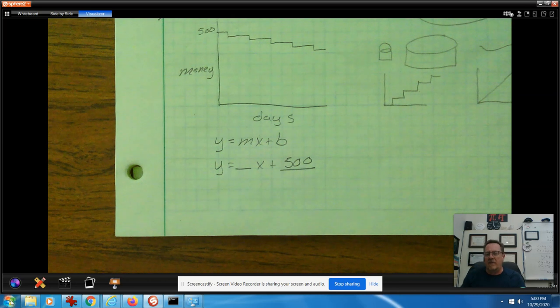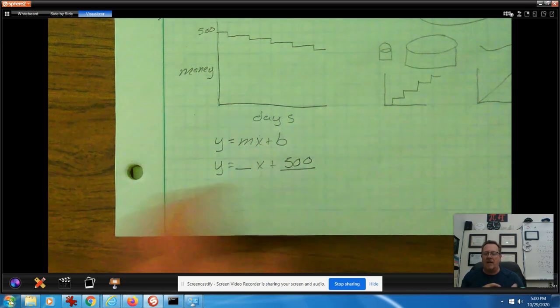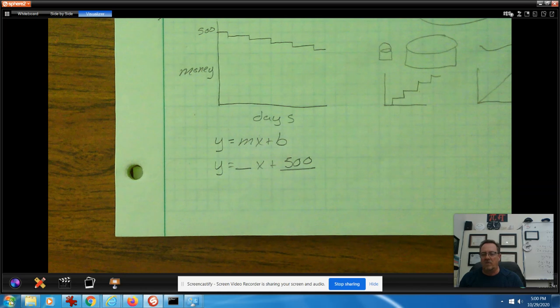Every 2 days, it drops by $20. I wonder how many times it's going to drop in a 30-day month. Half as much, because every other day is even, right? So day one, no change, but day two, boom, change.